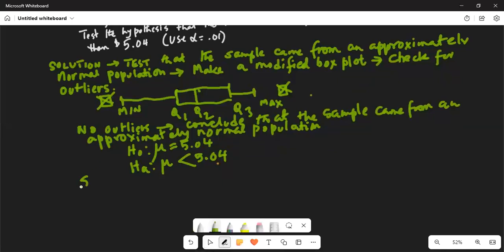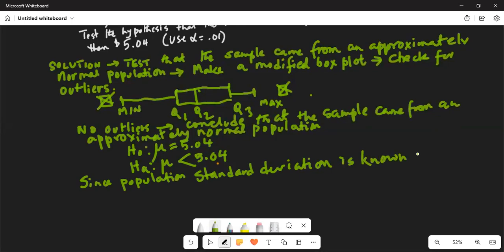Since population standard deviation is not known, use t-test.